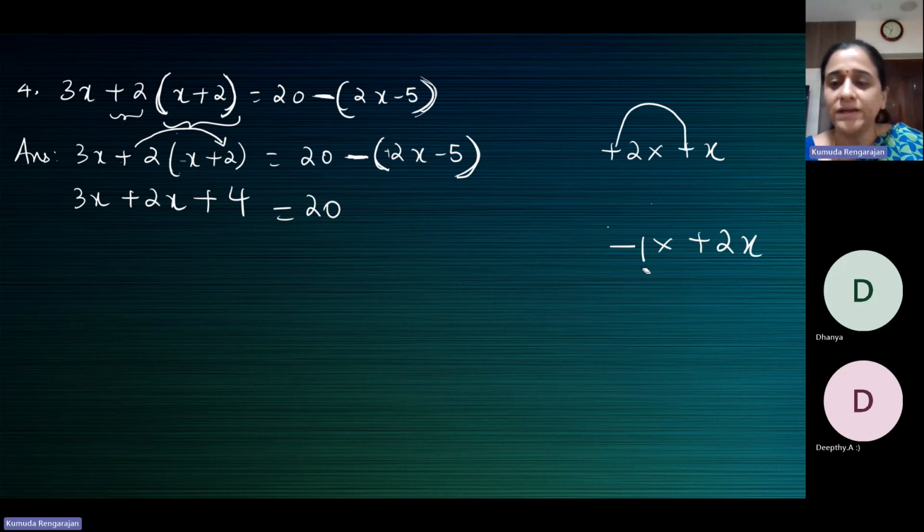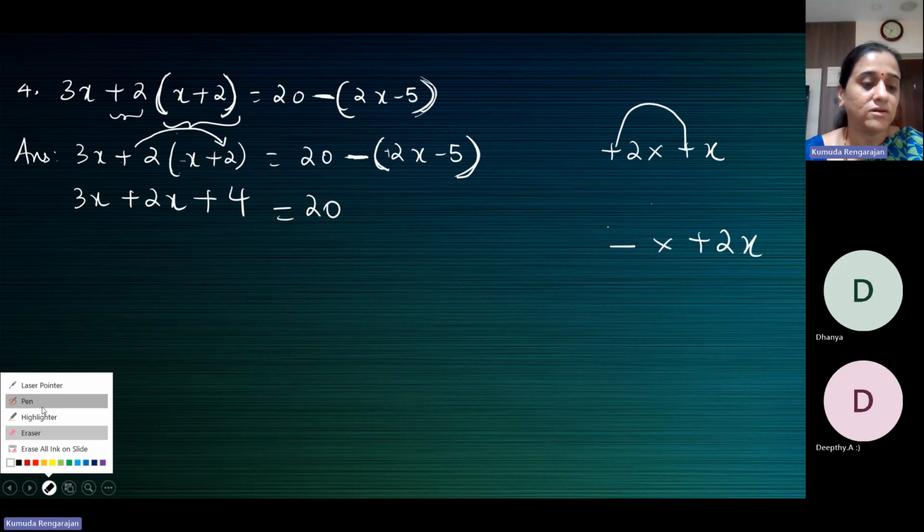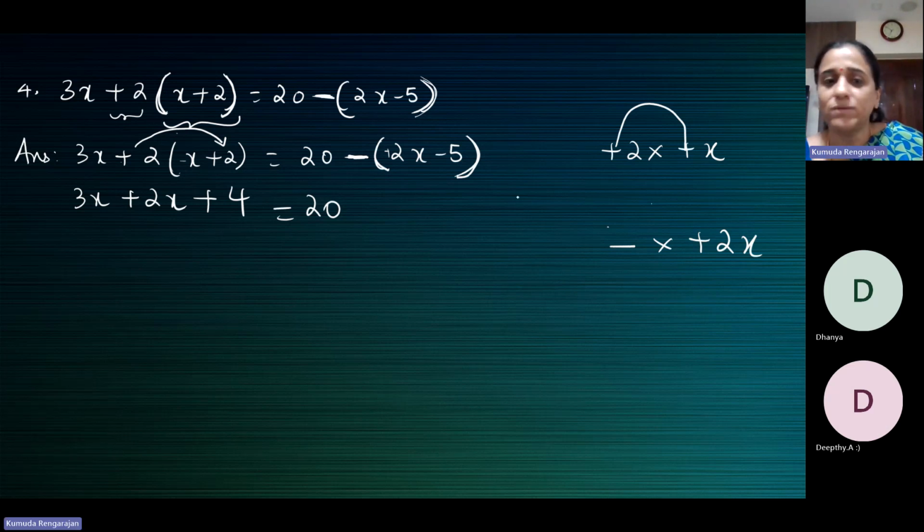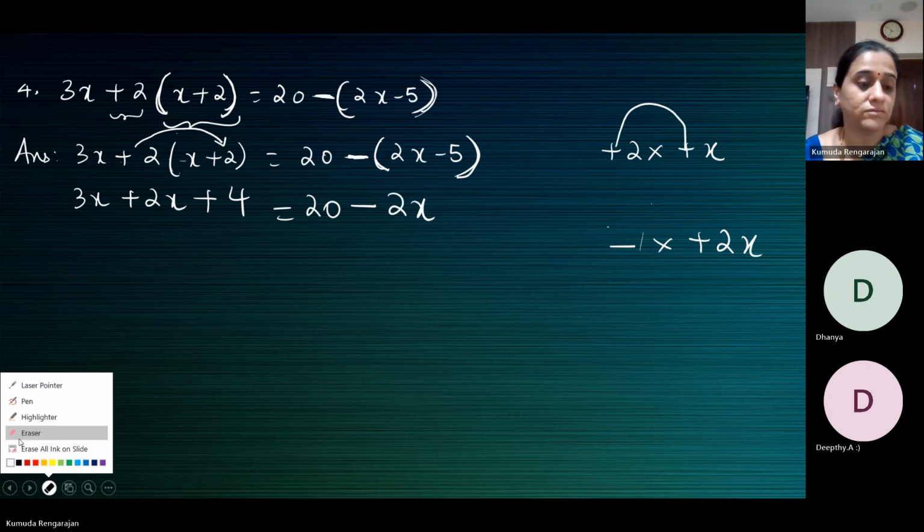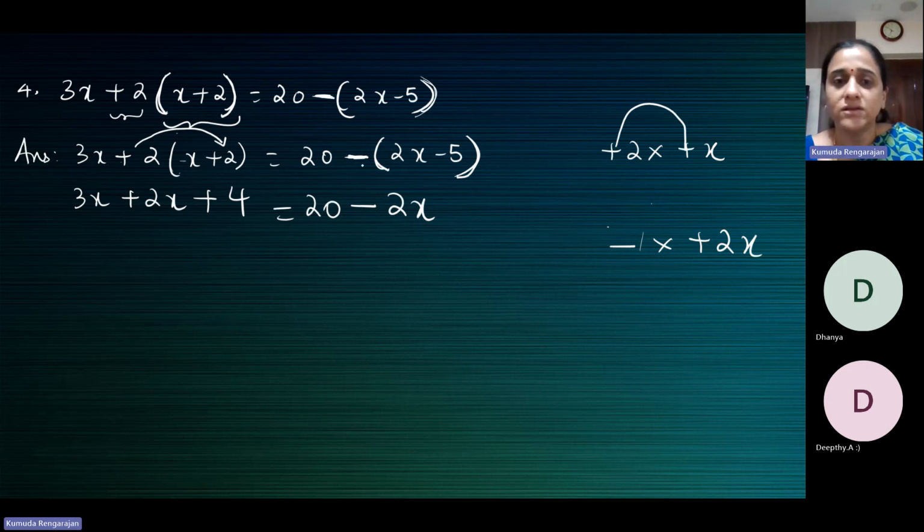Okay. So minus into plus 2x, minus into plus is minus 2x. I told you, minus means minus 1. Then next we need to multiply this minus sign and minus 5. Minus into minus 5.